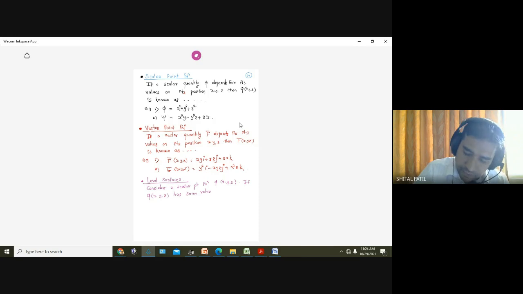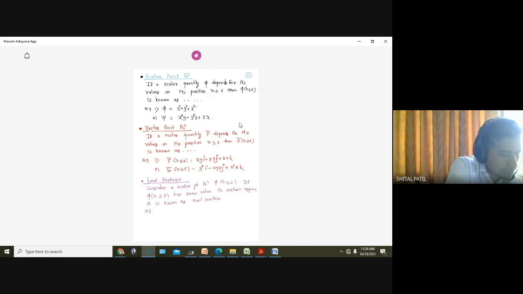If phi of x, y, z has the same value on a surface, it is called a level surface. Any example known to you of level surface?